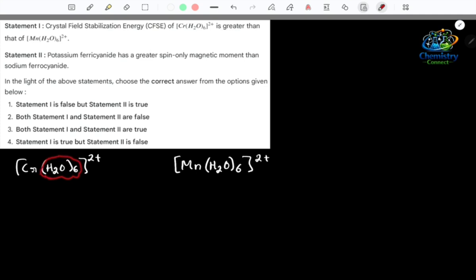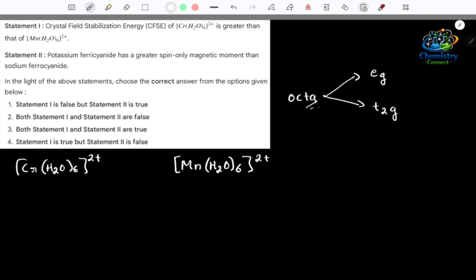Here also 6 monodentate ligands are there, which means it is going to undergo octahedral crystal field splitting. We know very well that in octahedral, the lower energy level will be the t₂g and the higher energy level will be the Eg.